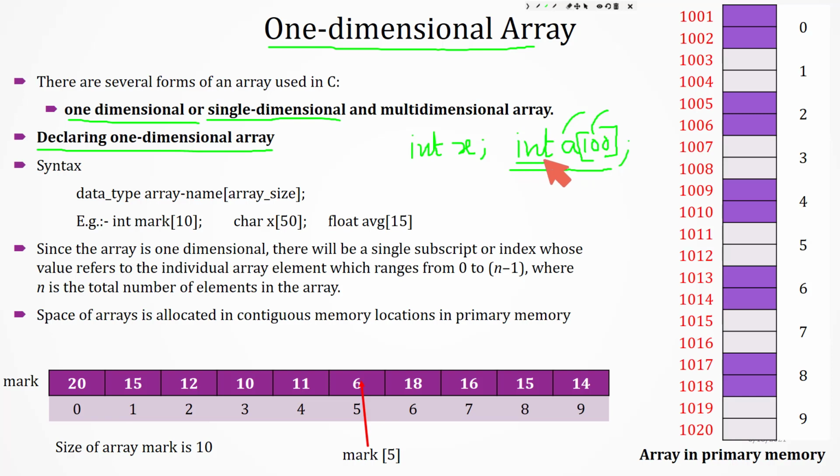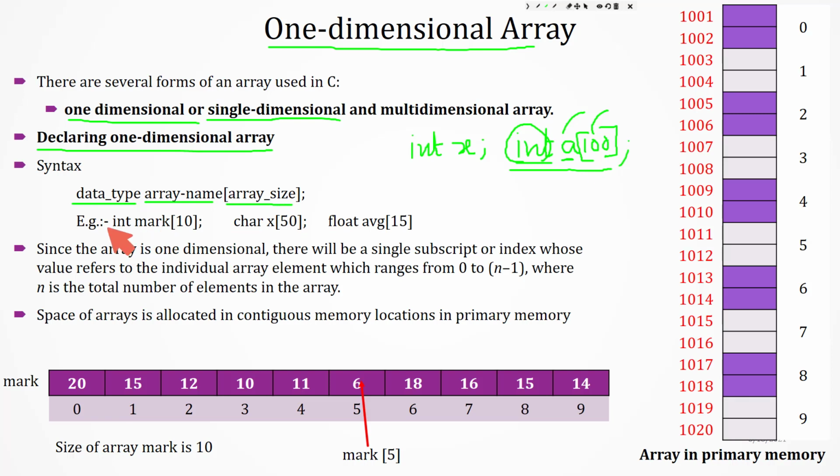Each cell can store an integer. Similarly, I have 100 cells. So the syntax is data type, followed by array name, here array name is A, followed by array size. Here size is 100.